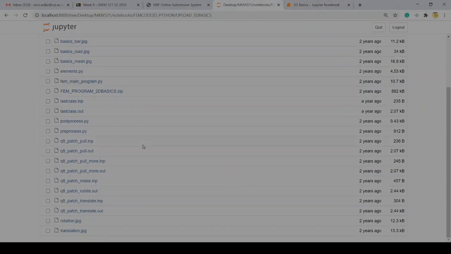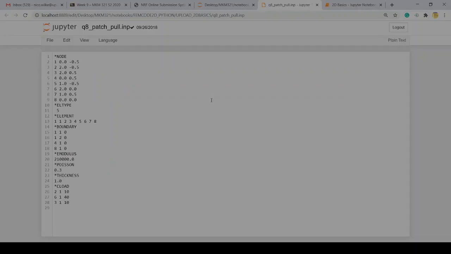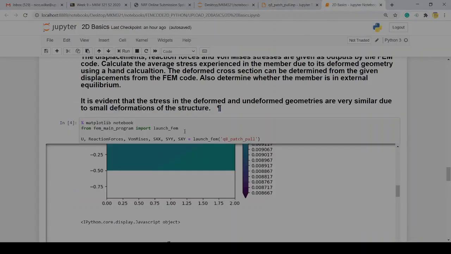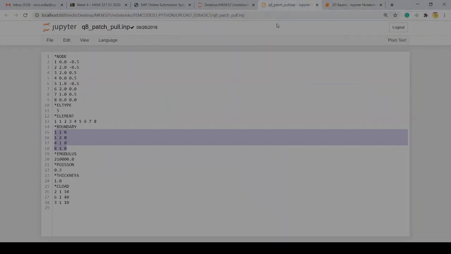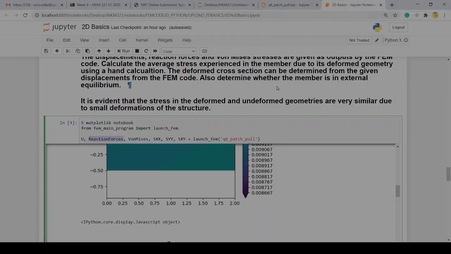Pool more is the other one. So just pool. There's the input file, and there's the output file that gets generated if you run this. So there's essentially this boundary condition, and the reaction forces talk the same language. To understand what the reaction forces mean, you have to open the input file and look at these boundary conditions. Okay, so that is important to understand.